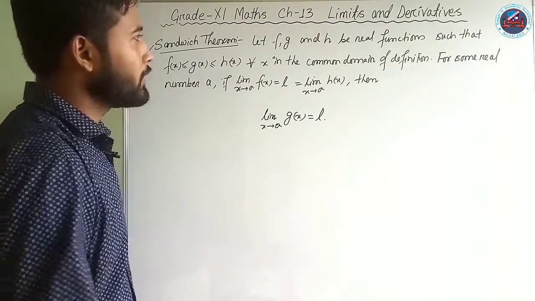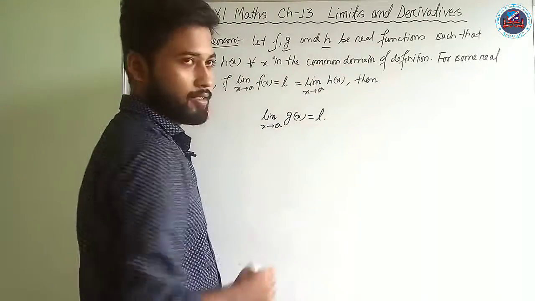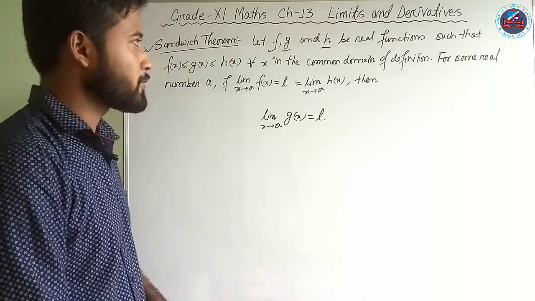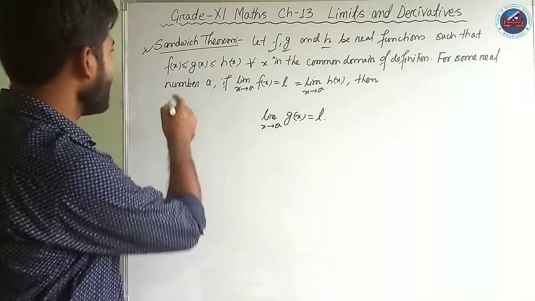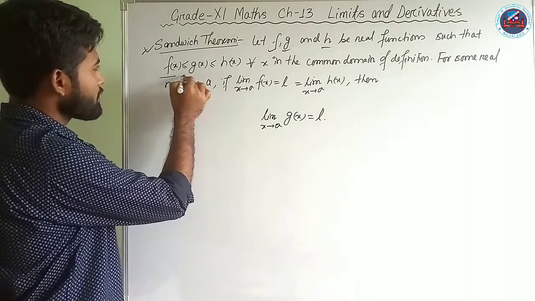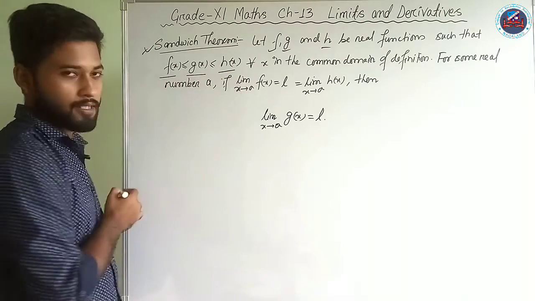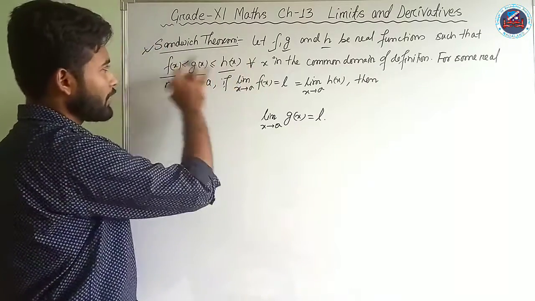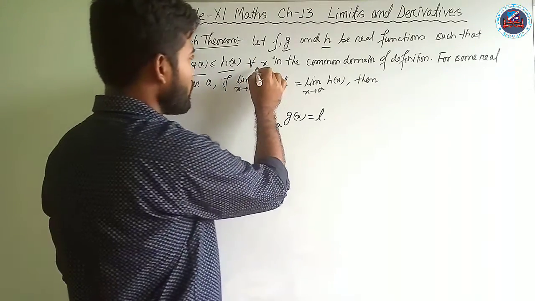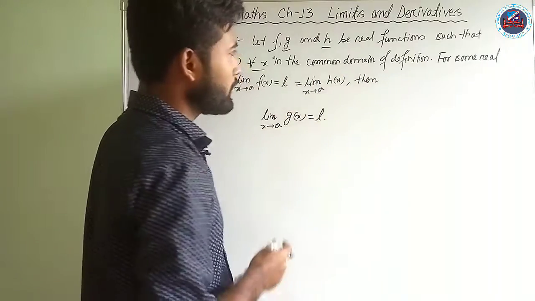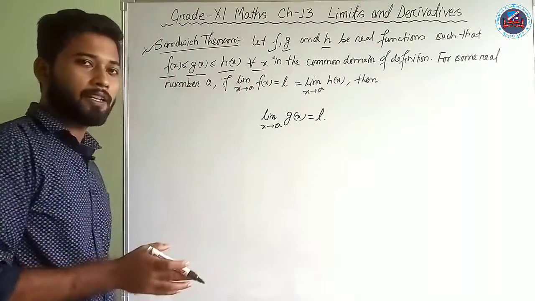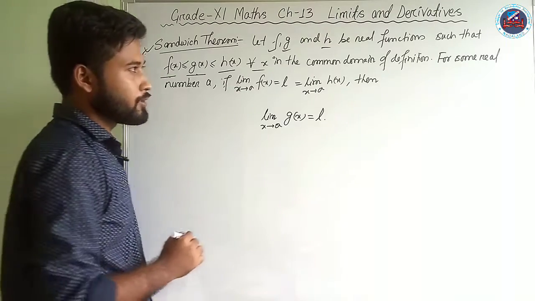If we have three real valued functions f, g and h, real function meaning the domain and range are all in terms of real numbers, such that f of x is less than or equal to g of x, and that is less than or equal to h of x. This sandwich property is used for all x in the common domain of definition, where the functions f, g and h are all defined.